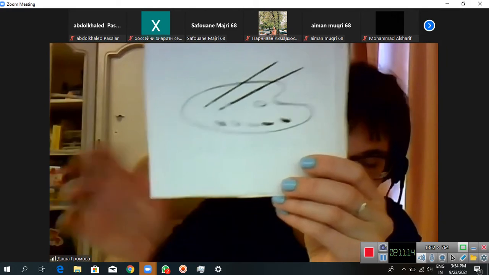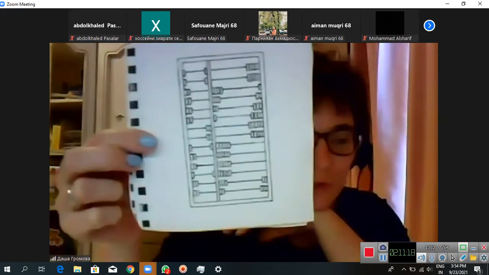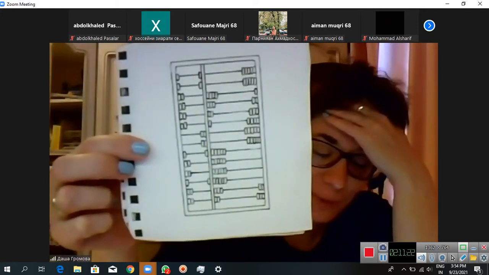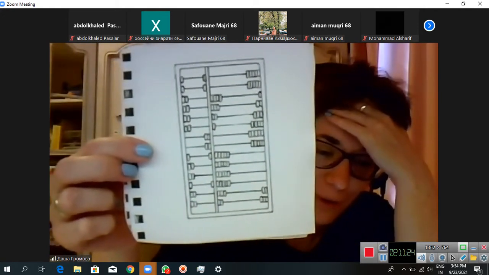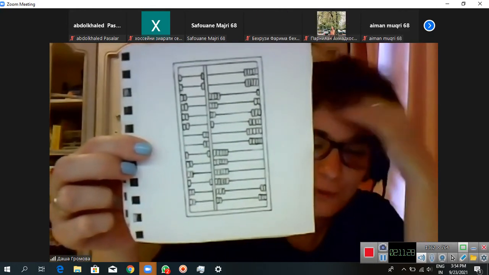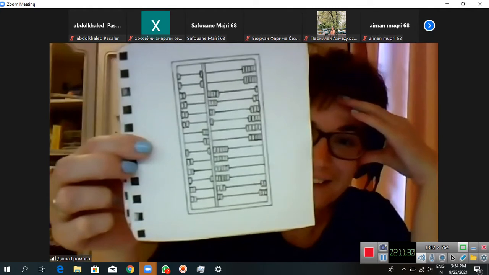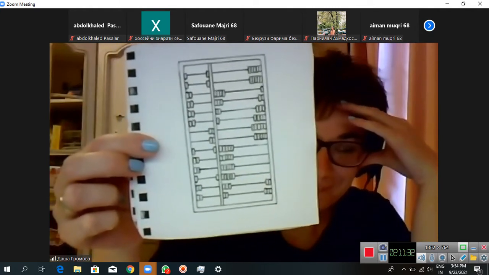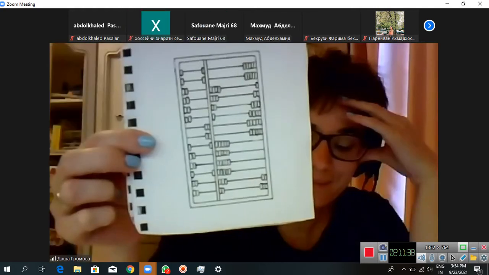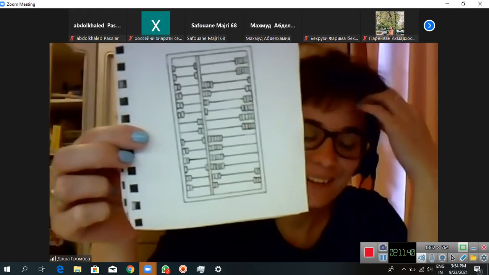And this one, guys, nowadays of course we don't use. Your generation will distinguish iPhone 6 from iPhone 7, or Xiaomi from other stuff. This is very old stuff. What's it called in Russian? Schety. Abacus.